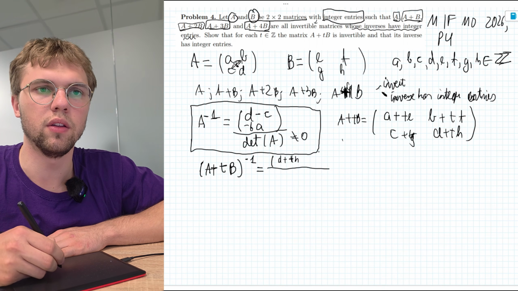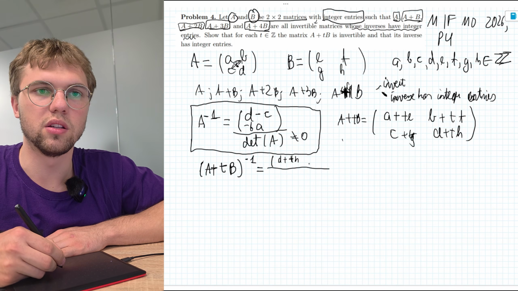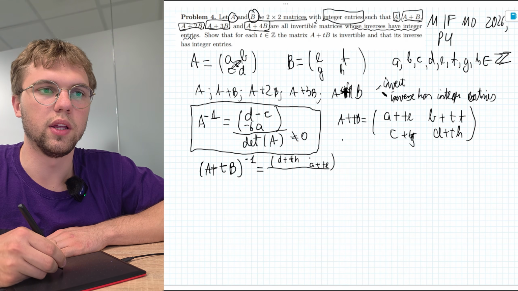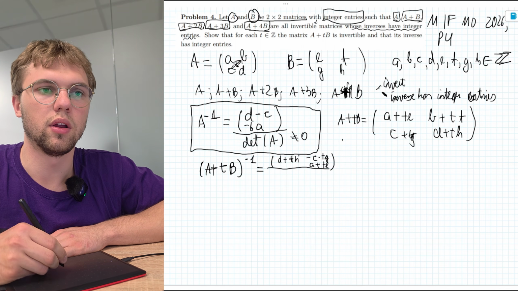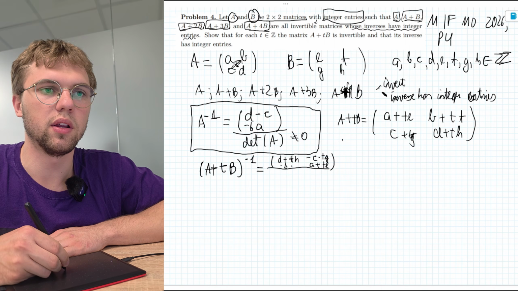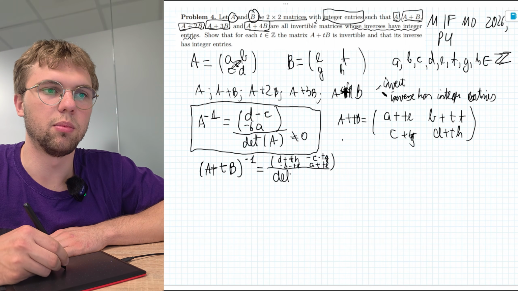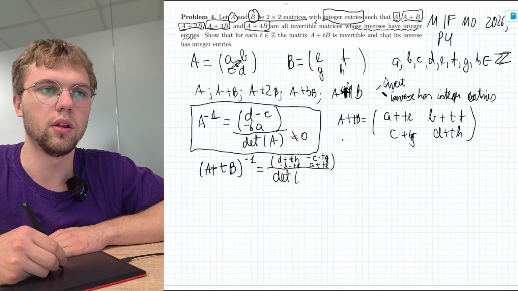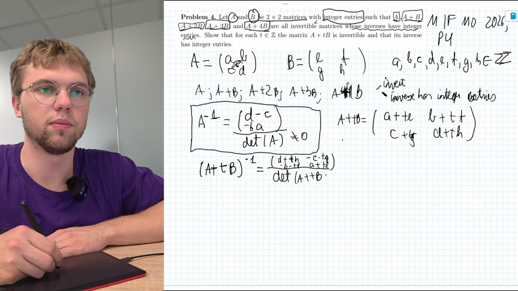So the inverse of this would be what? Swap these around, so we get this. And here we'd get minus c minus tg, and here we'd get minus b minus tf. And once again, divided by the determinant of A plus tB.